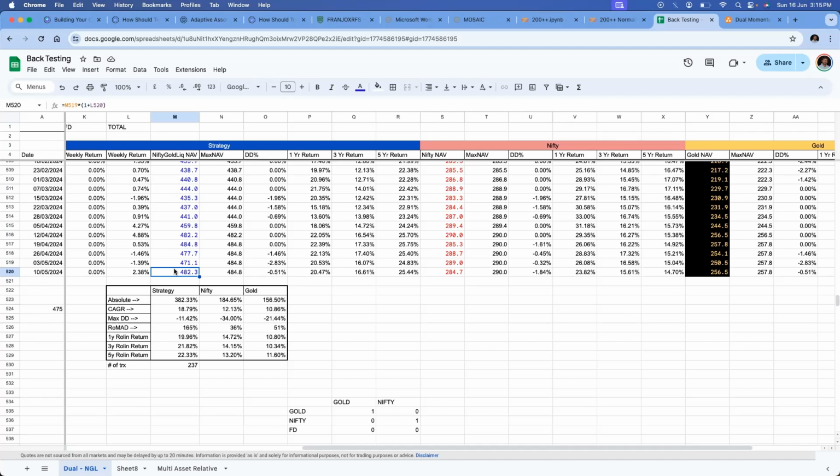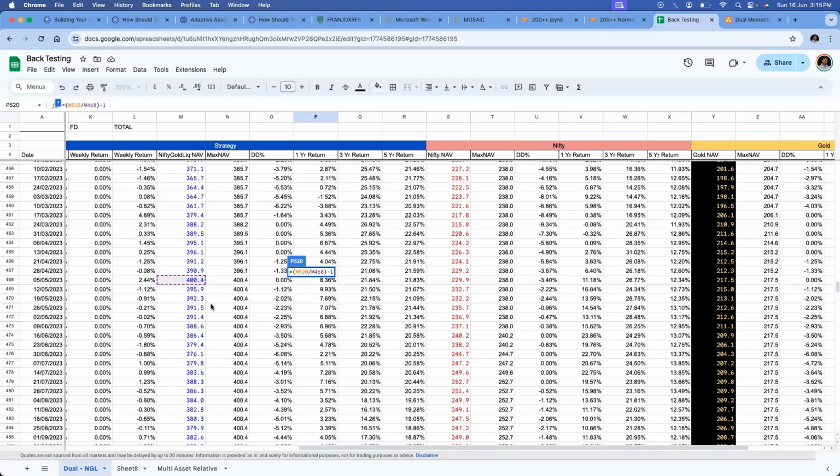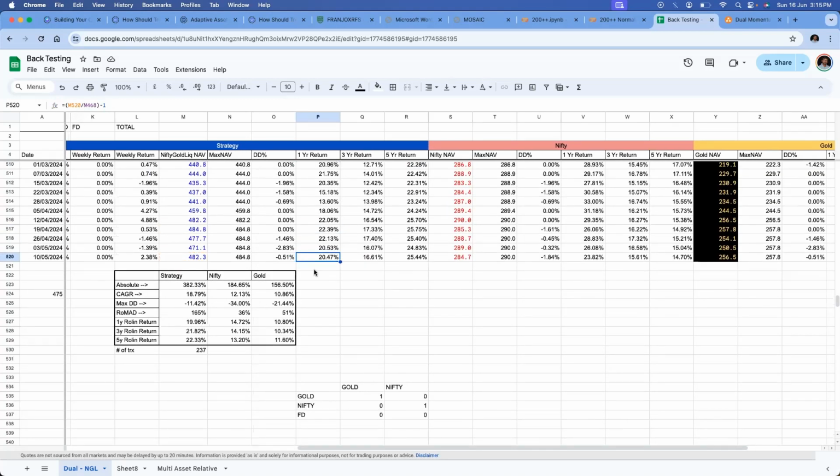So I'll go back 365 records, or number of days, from this value and calculate the percentage. For example, this is the 1 year percentage: the 10th May 2024 value divided by M468. M468 is 5th May 2023. So exactly in 1 year, this strategy yielded 20.47% returns.